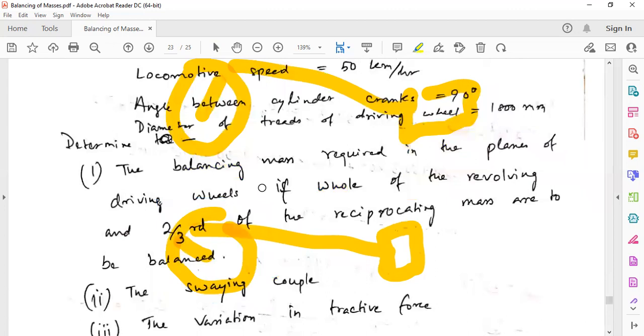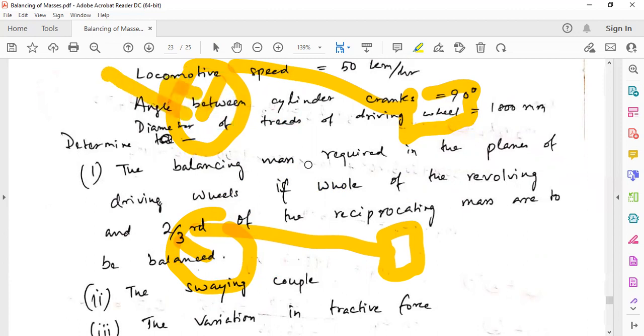This portion is the crank. So the first crank is here and the next one is here, and the gap between them is 90 degrees.